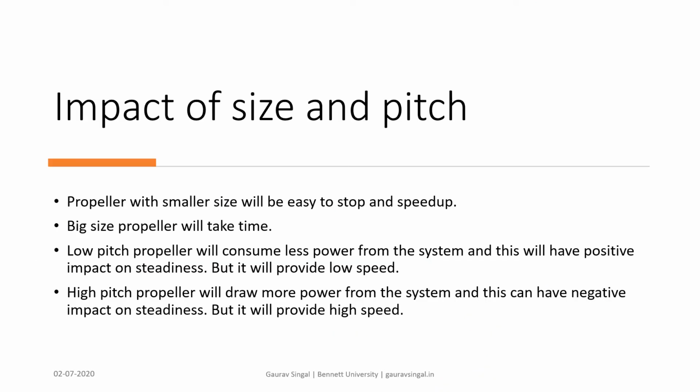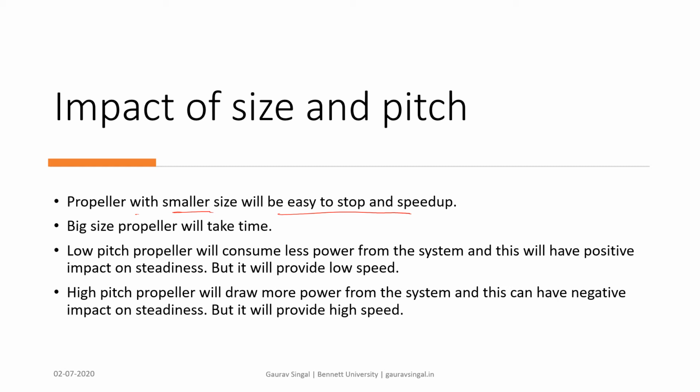Then the impact of size and pitch. If it is too small or too big, what is the advantage and disadvantage of size and pitch? A propeller with small size will be easy to stop and speed up. It's very clear. You can see the example of a fan. If we have a small fan at home, it will start fast and stop fast, with high speed.